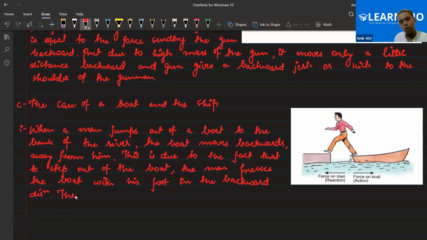So the push of the man is the action, and the boat exerts the same amount of force, which is called the reaction.